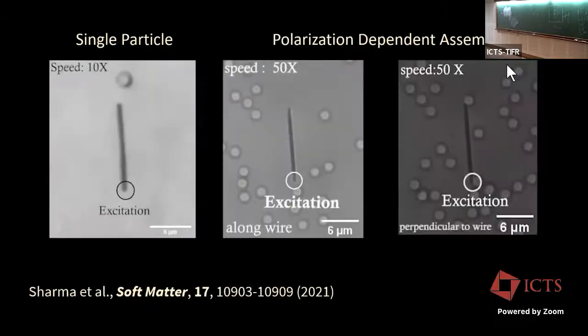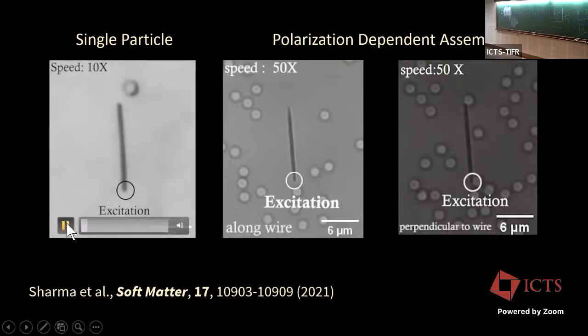If you now illuminate the wire at one end, and you have, let's say, a colloid sitting slightly away from the wire, in a single particle regime, you'll observe this. They get pulled, just like a motor protein walking on a quasi one-dimensional channel.